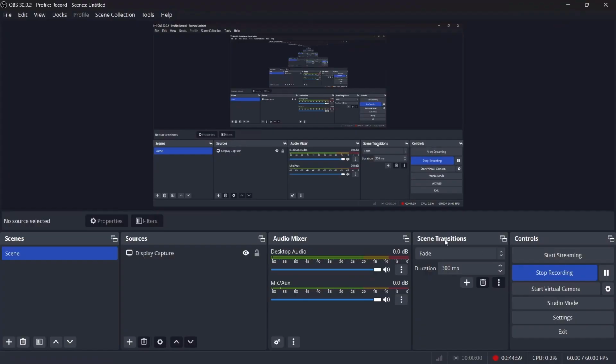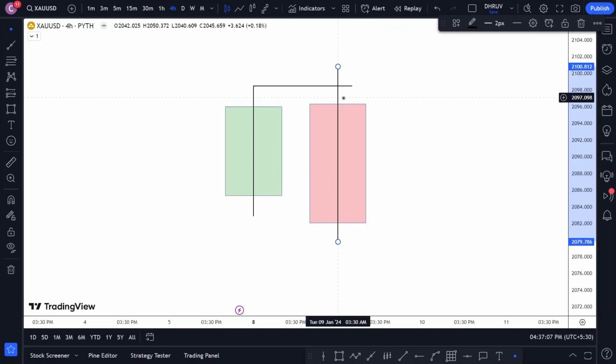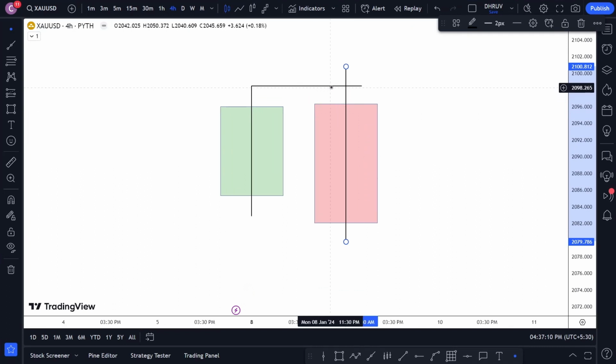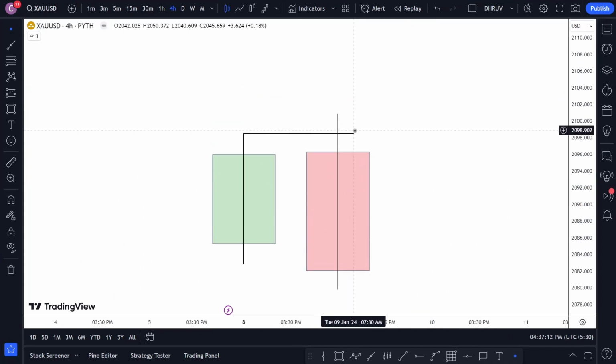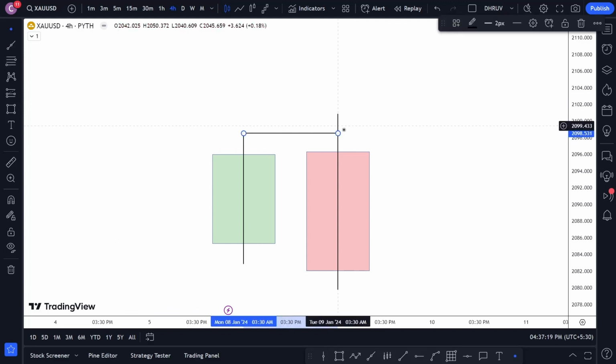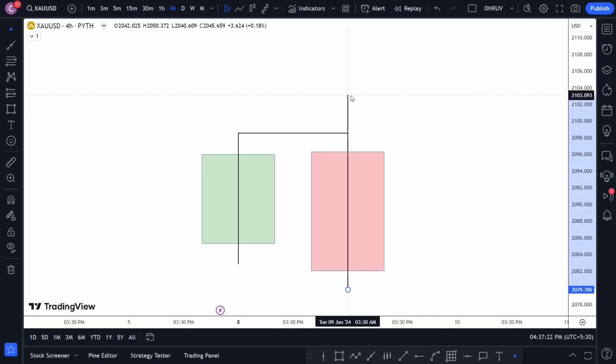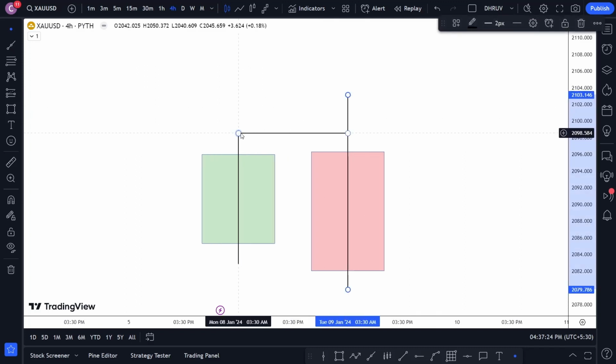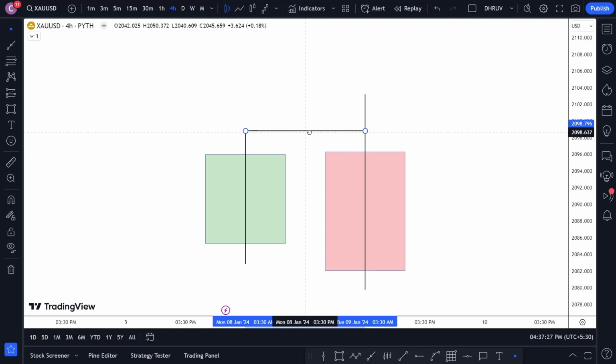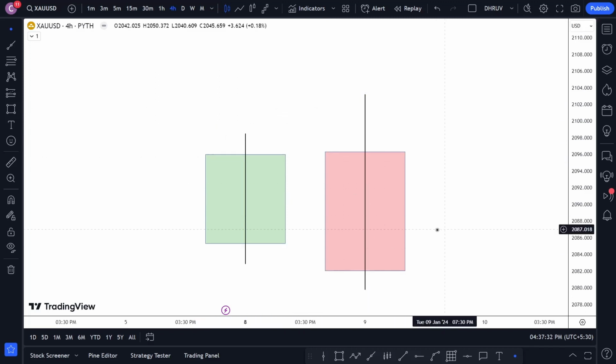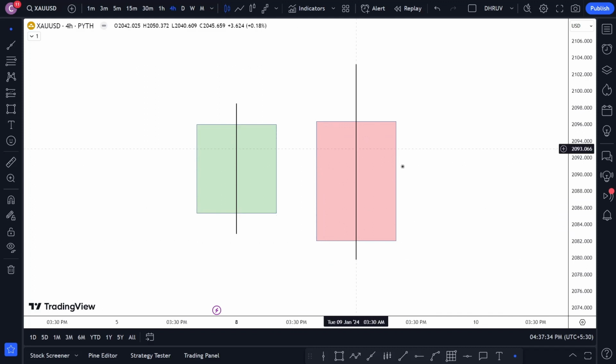Okay, so in the case of the Quasimodo bearish engulfing pattern, we simply need the high of the previous candlestick to be engulfed, and it should be higher than the previous candlestick high in order to say that this is a Quasimodo engulfing pattern in case of bearish. Let me just repeat it once again.